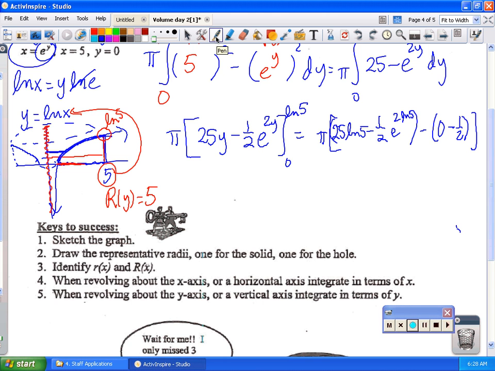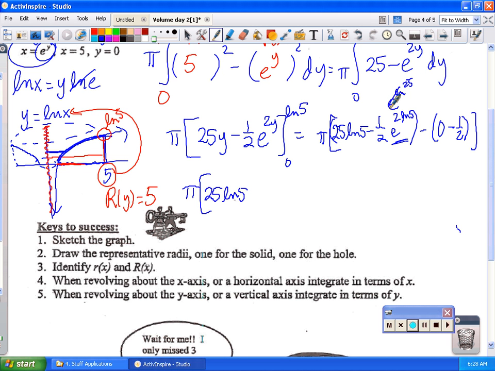So that would be pi times 25 ln of 5. Now this right here is the same thing as e to the ln of 25, because we can take the power back on to 5.